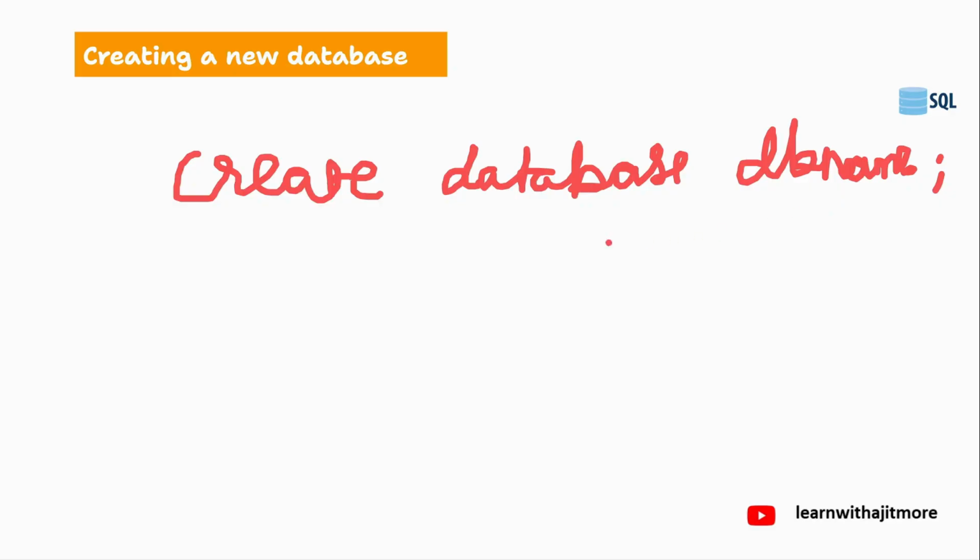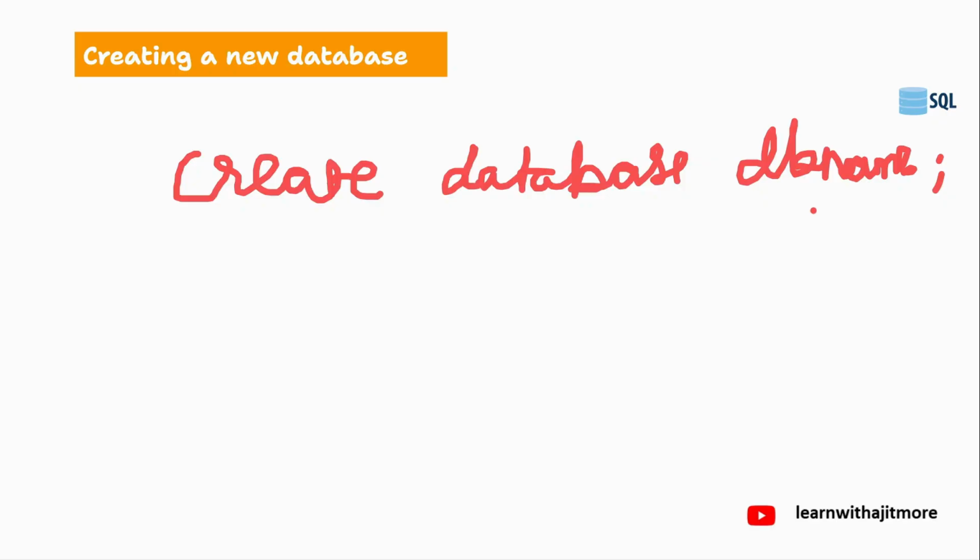That's all. Okay. Now, suppose you try to issue this command, and if the database with that name already exists, if it is already existing, and you again try to create it, create database with the same name, MySQL will generate an error that a database with this name already exists.